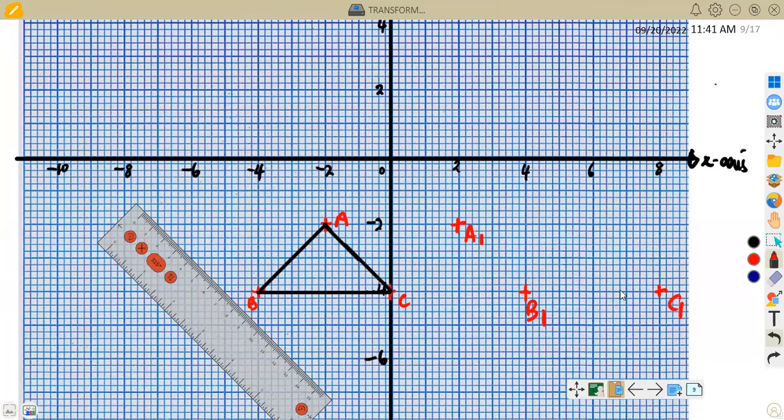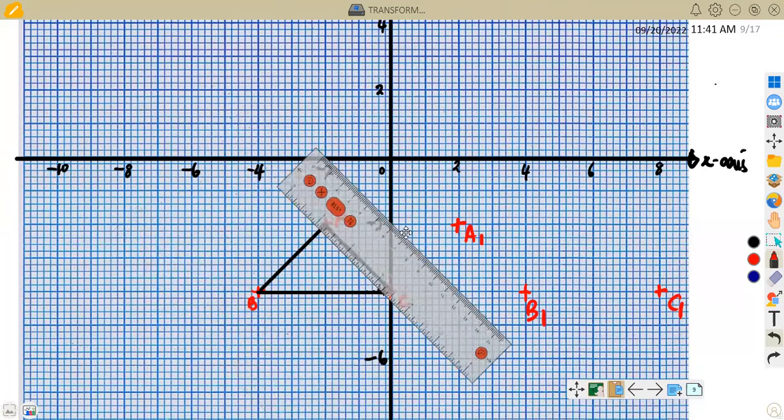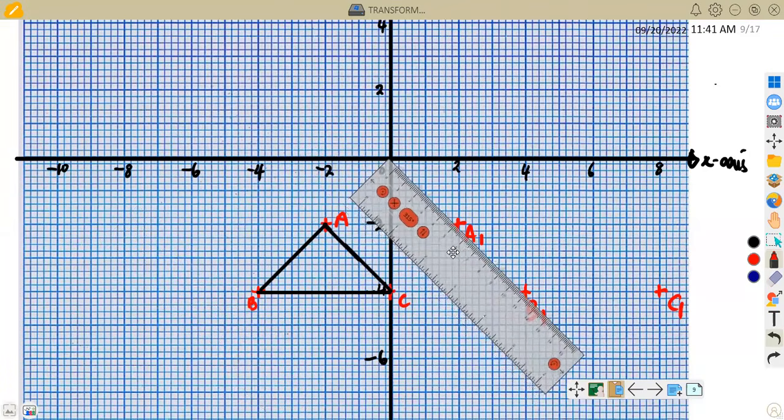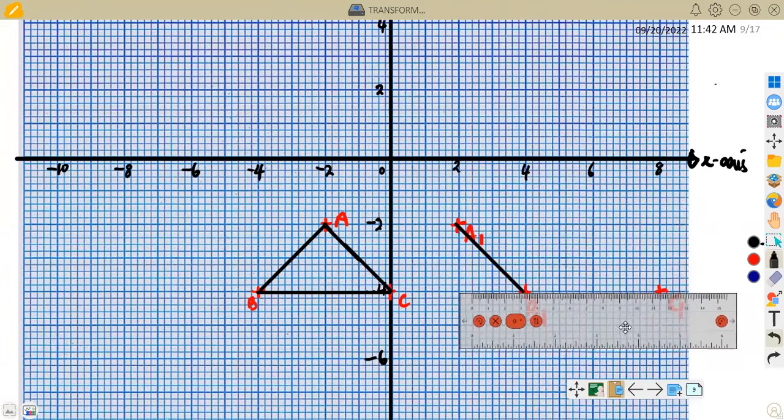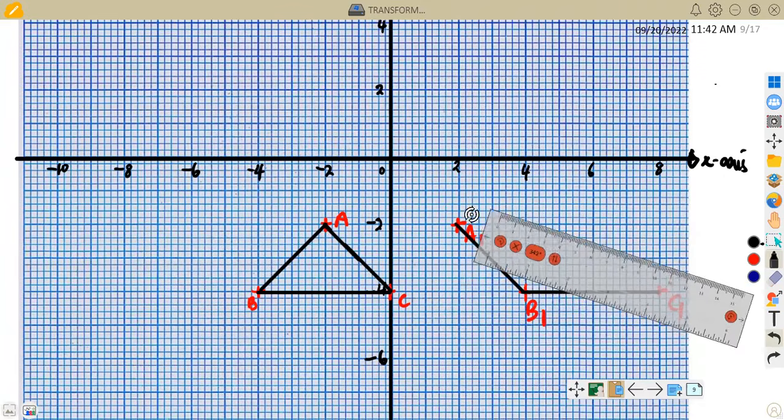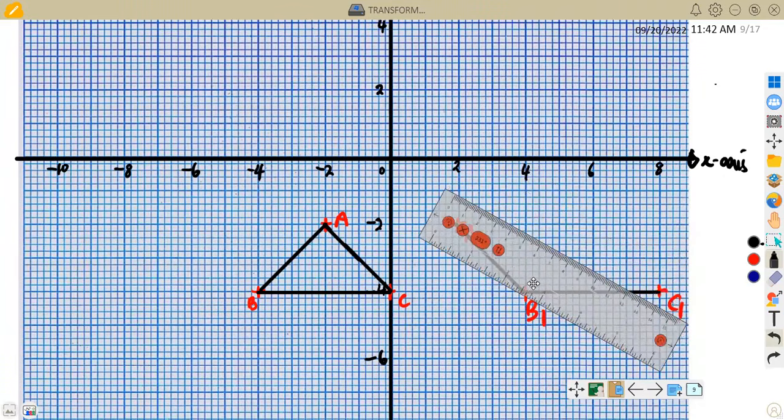Okay, so let us join and see what our diagram is going to look like. If we just join these points here, we're going to have something like this. You join A to A1, you also join B to B1, B to C1, sorry, that is B to C1 here. Then also A to C1, A1 to C1.